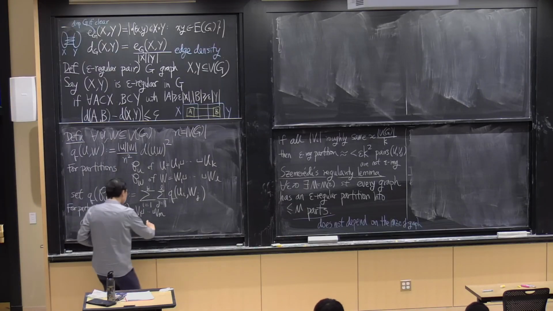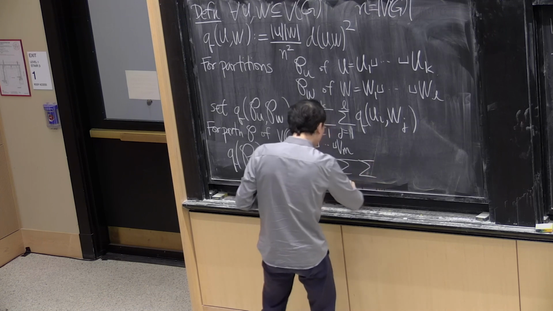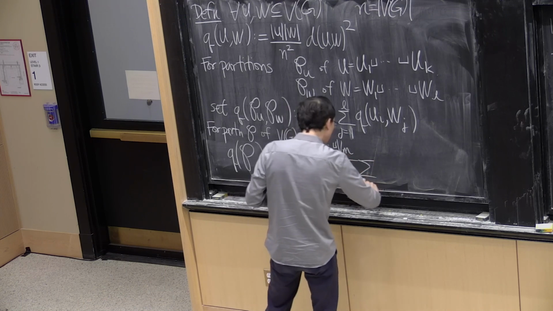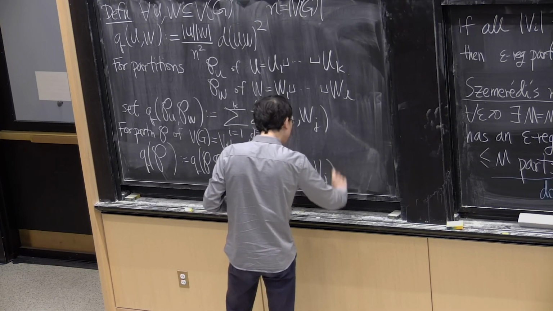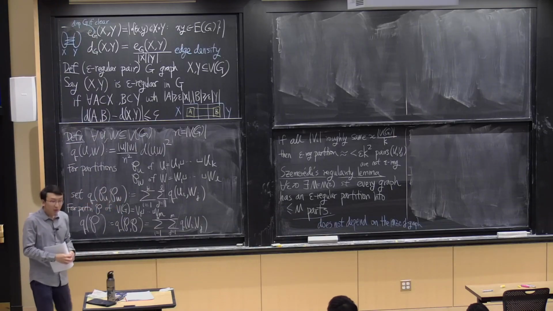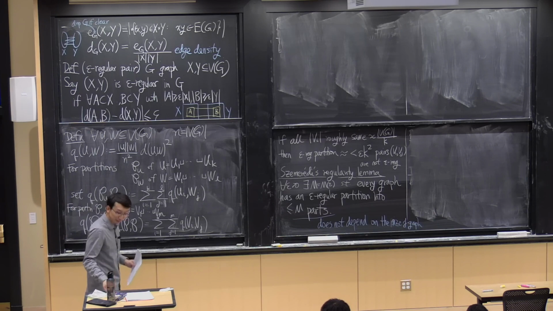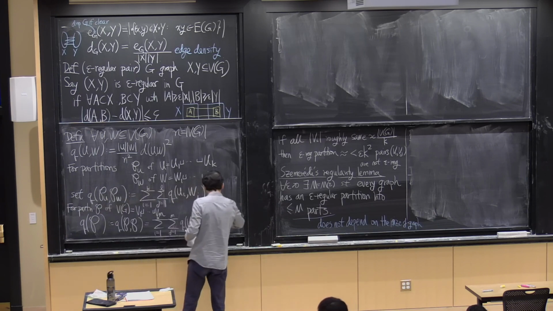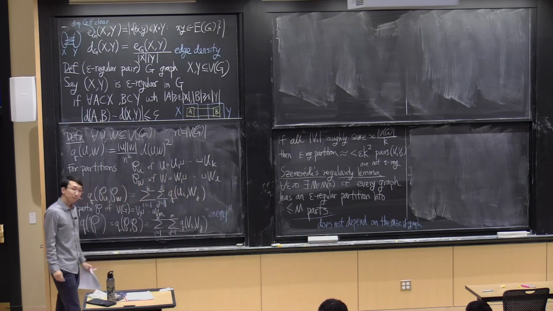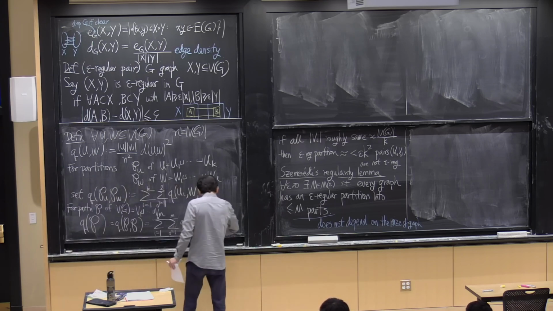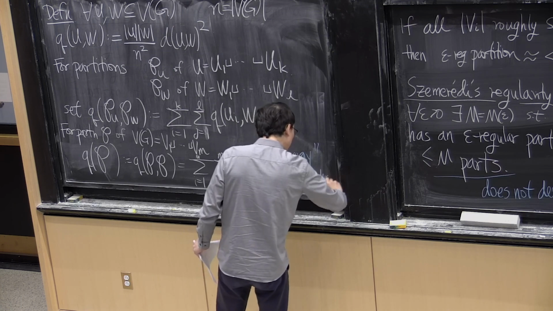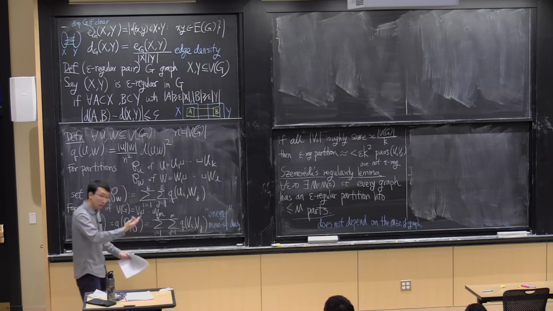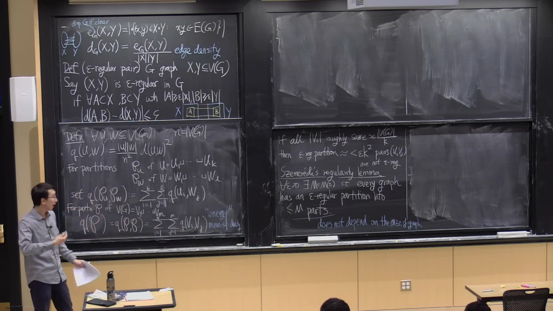Or in other words, I do this double sum, i from 1 to m, j from 1 to m, Q of Vi, Vj. And this is the quantity that I will call the energy of the partition. It is a mean squared density, some weighted mean, of the edge densities between pairs of parts in the partition.